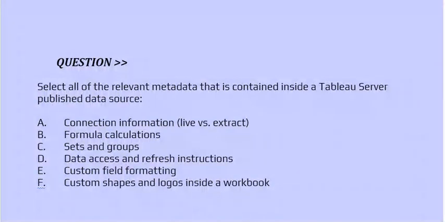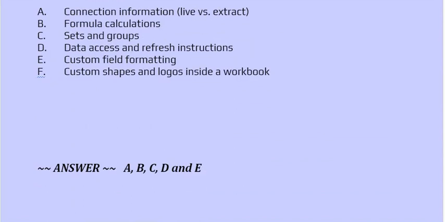Option C. Sets and groups. Option D. Data access and refresh instructions. Option E. Custom field formatting. Option F. Custom shapes and logos inside a workbook. Correct answer is option A, B, C, D and option E.